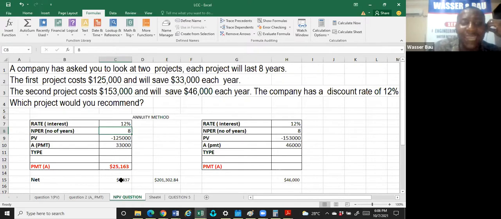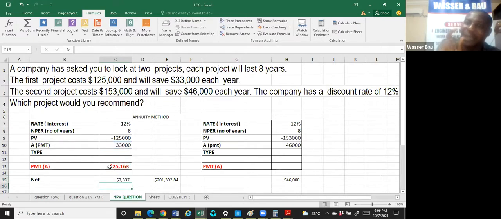So to get the net now, what I need to do is to say, what we are paying bank is 25,163, and the revenue I'm getting per year is 33,000. It means the net amount I'm getting will be this minus this.